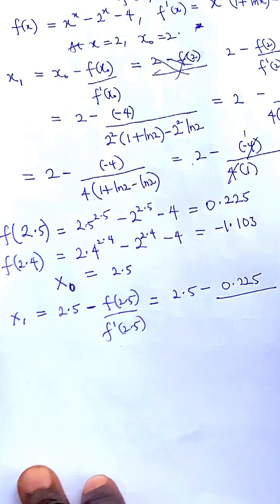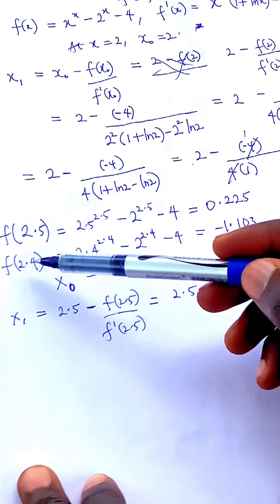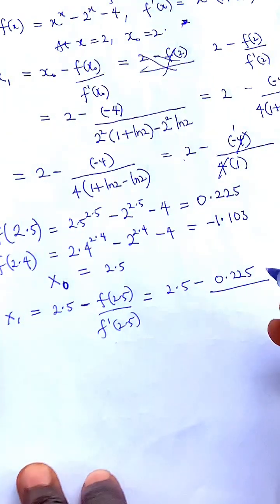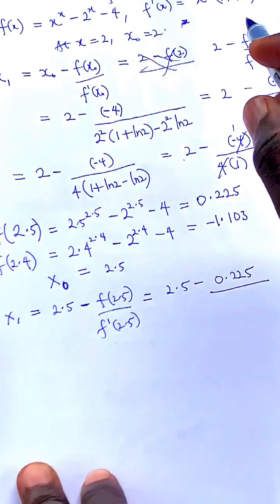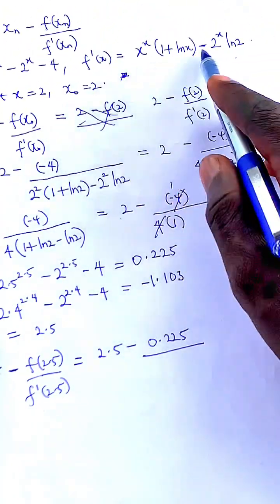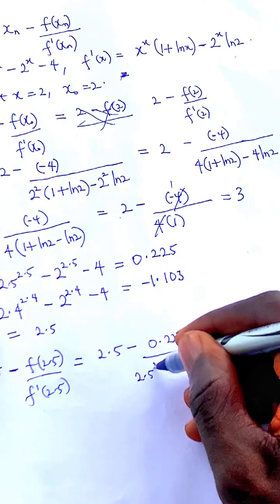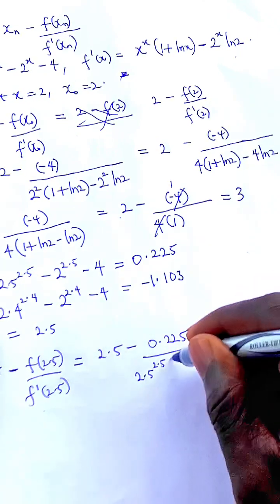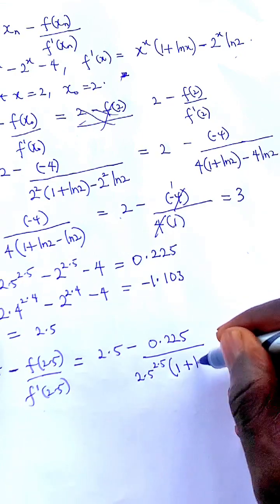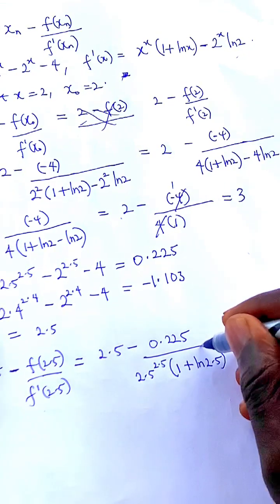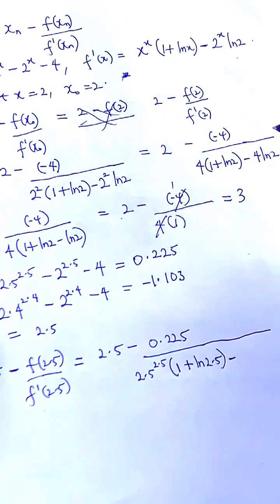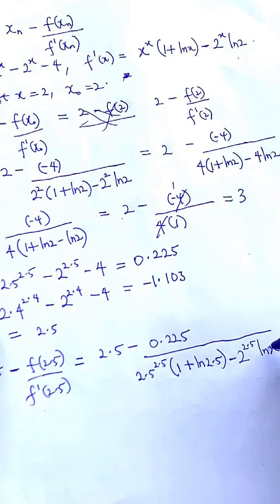Still remember that the answer is in between 2.5 and 2.4. Good. Now, f prime of 2.5, go back to our f prime of x, which is 2.5 to the power of 2.5 into 1 plus ln 2.5, minus 2 to the power of 2.5 ln 2.